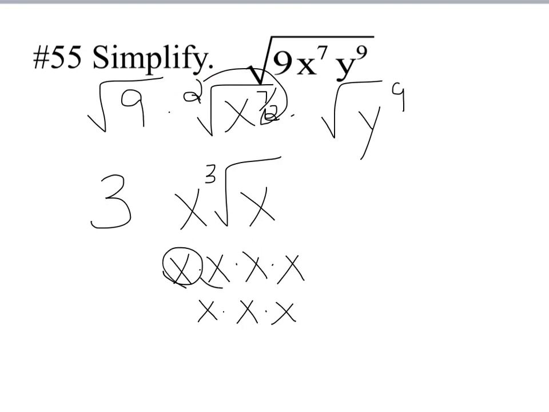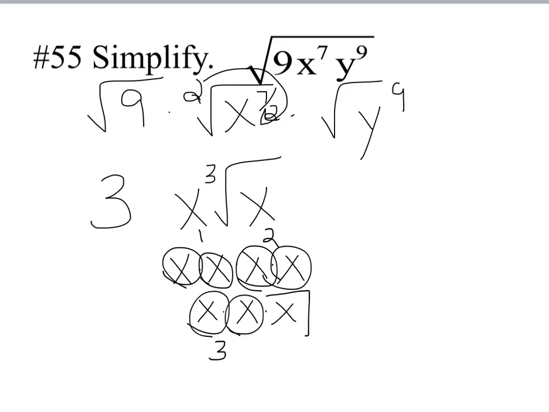So 1, 2, that's 1 out front. 1, 2, that's 2 out front. 1, 2, that's 3 out front. And then 1 stays behind. So it ends up being x cubed out front, and then this x left behind is my x that's underneath my radical. So either way, getting to the same answer.